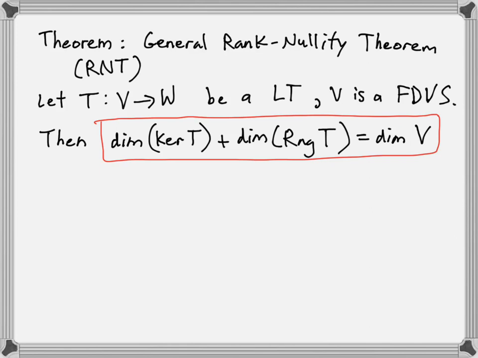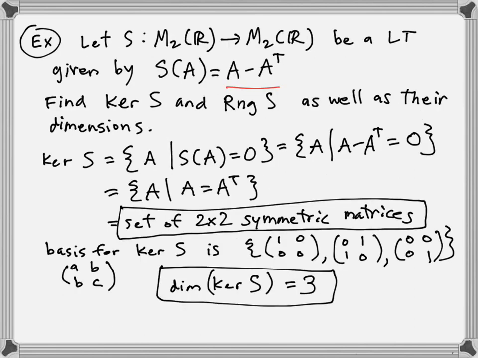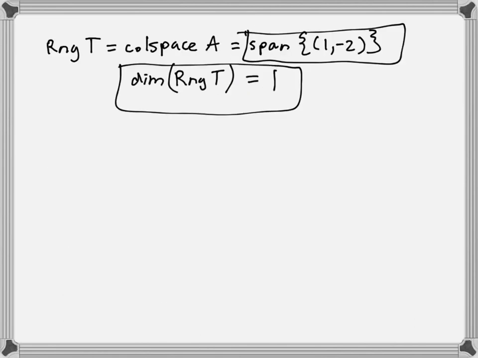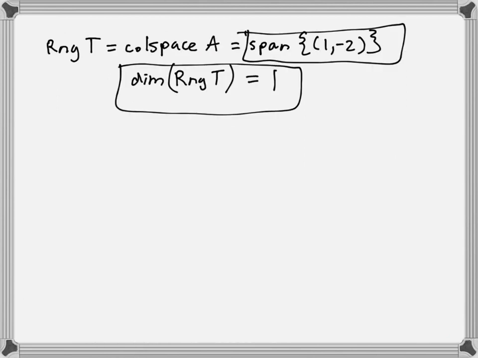So let's go back really quick just to verify that this is actually true in our previous example. We did 2 examples, right? So if we come back here, I want you guys to notice that the dimension of the kernel was 2, and the dimension of the range was 1.